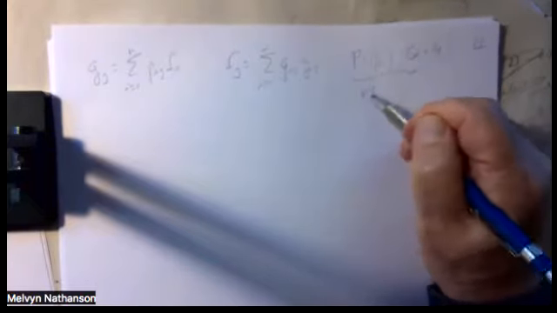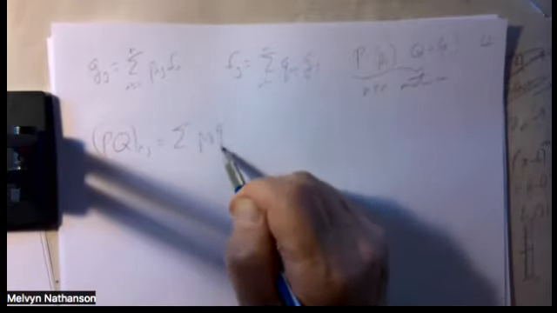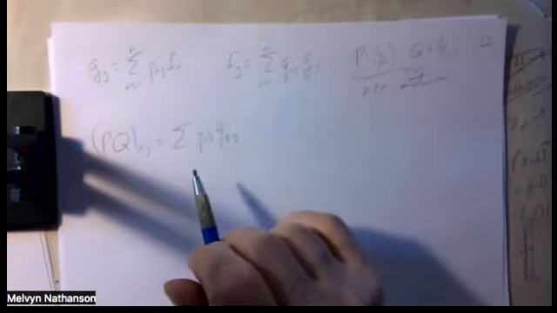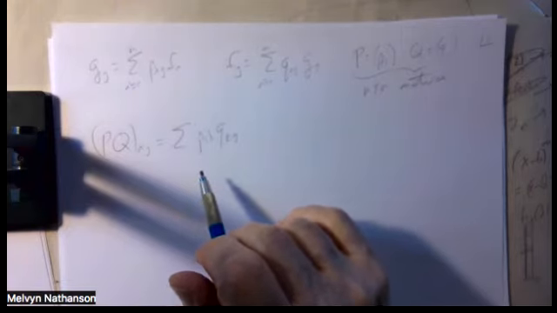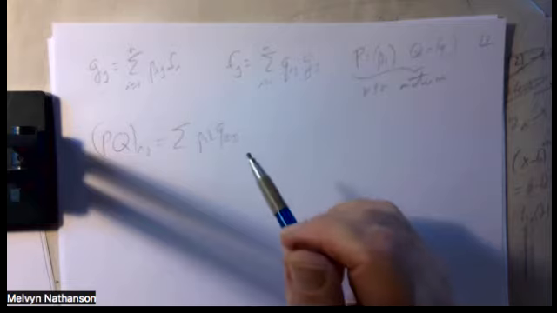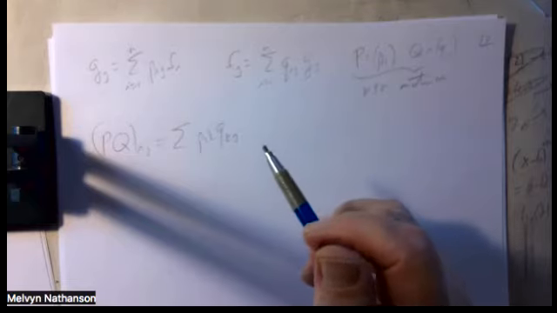So these are n by n matrices. What is the ijth entry of the matrix PQ? This is the summation of Pik Qkj, k goes from 1 up to n.